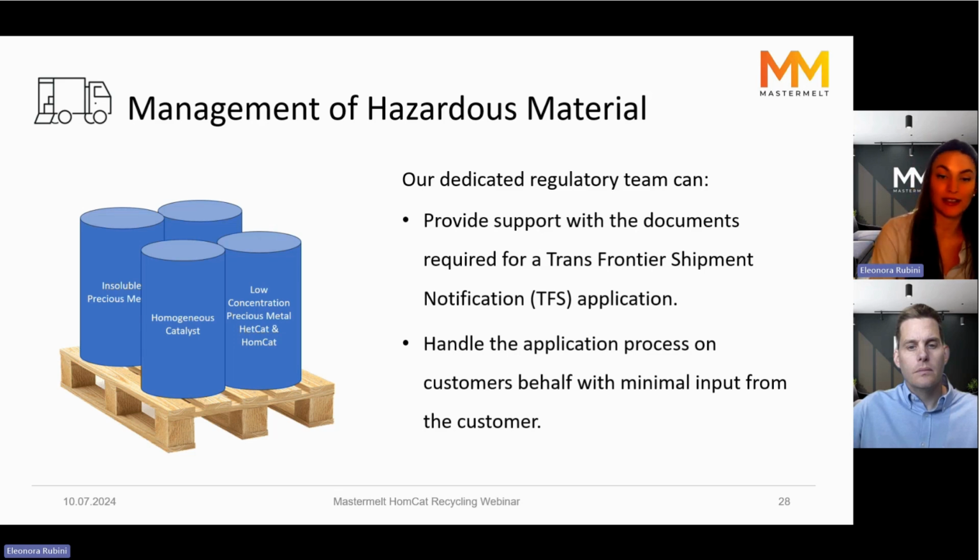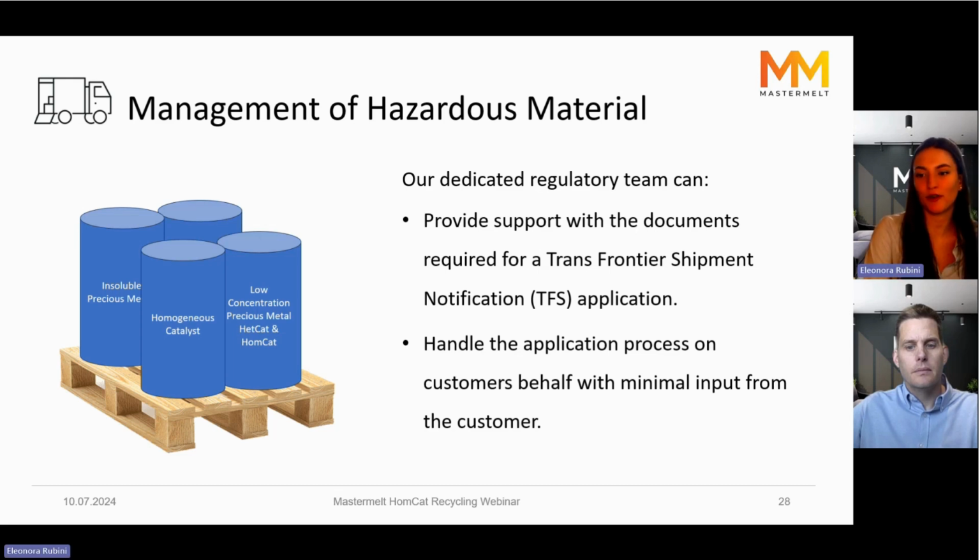And the other option is that they can fully take over and handle the application on your behalf, putting in all the input necessary without you having to get too involved in this topic. However, we are also on an ongoing project here in Europe, working on some collection hubs in the countries where we're active, so that whenever you would have some hazardous material, we wouldn't have to wait several months until the notification can activate, and the shipment could be a bit faster.